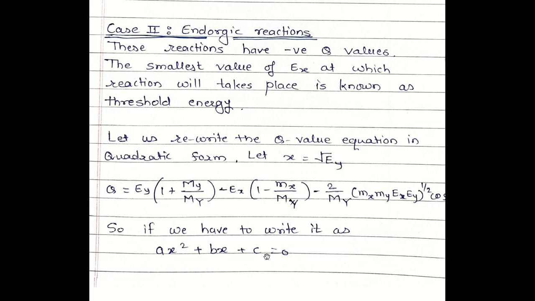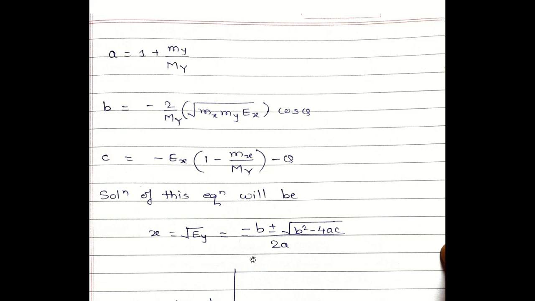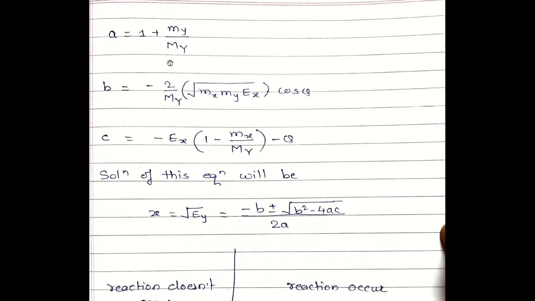Then we will obtain the coefficients a equals 1 plus small my by capital My, b is equal to this much, and c is equal to this much, right?